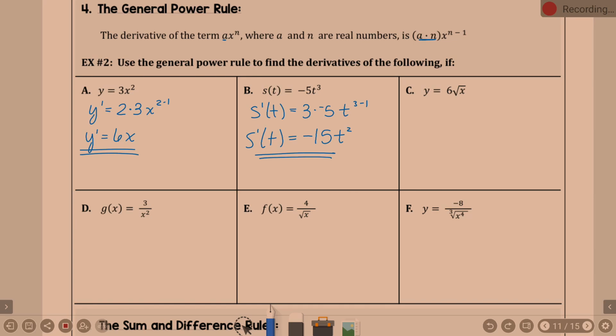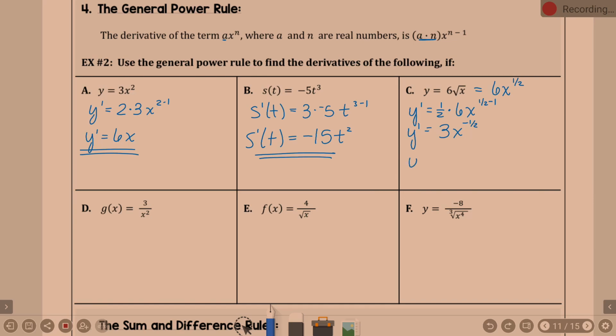Okay, C. Before you started, 6 square root of x can be rewritten as 6x to the 1/2, right? So y prime is 1/2 times 6x to the 1/2 minus 1, which is negative 1/2. Half of 6 is 3. x to the negative 1/2.